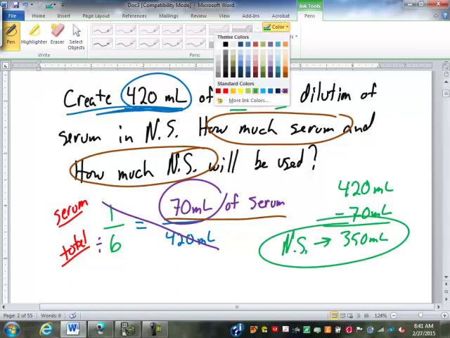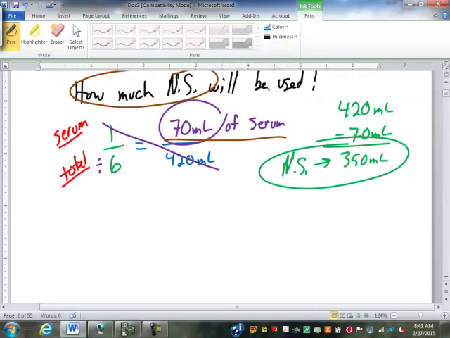Or we could look at using the ratio of saline to total. If 1 out of 6 parts is serum, the other 5 out of the 6 parts must be saline. So that would be the ratio of saline to total.